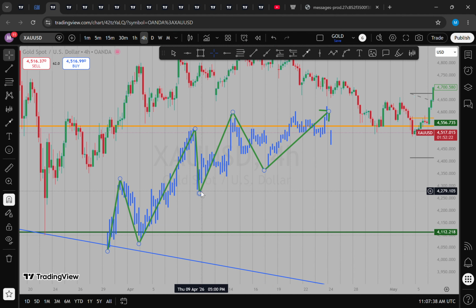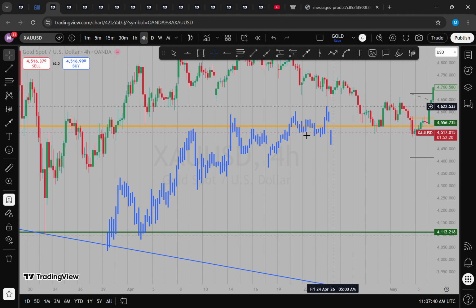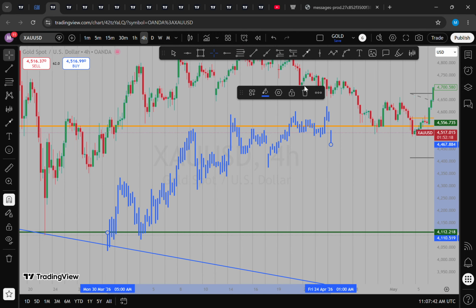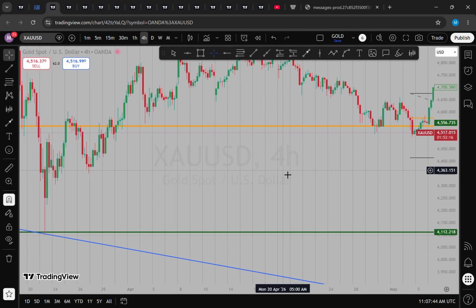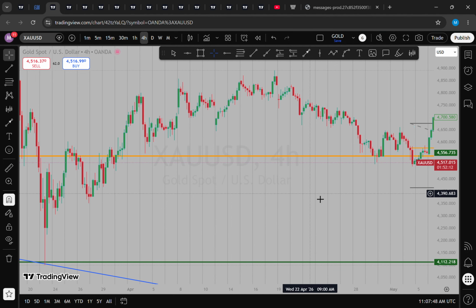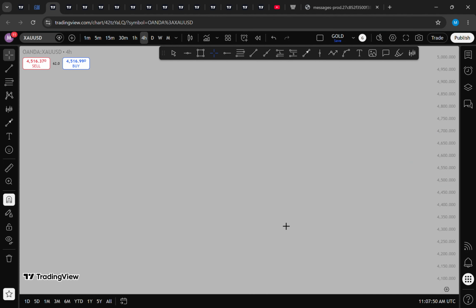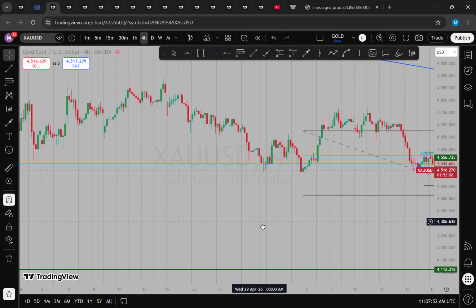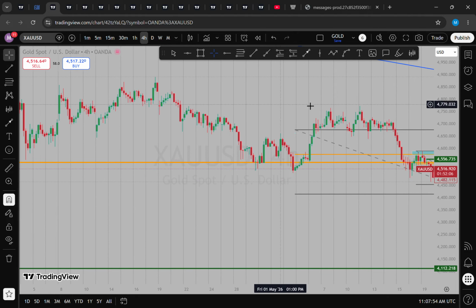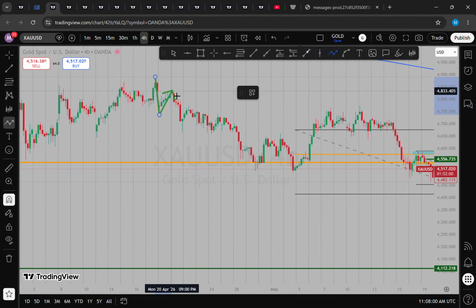Then downtrend. The simple definition of downtrend is when price keeps breaking structure to the downside. In other words, when price keeps breaking support to the downside. And this is another downtrend structure here, can you see?